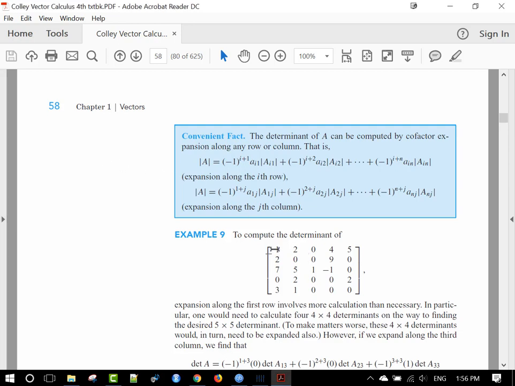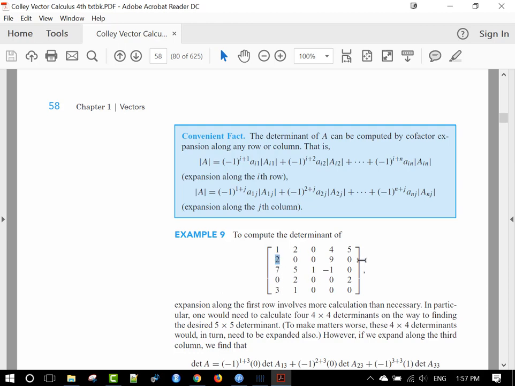So you don't have to use just this row. You could have used this row. So let's say you use this row. That means you'd start with this one, and you'd get a matrix which would consist of 1, and then 7, and then 0, and 3. You'd knock out this whole row. Oh, I'm sorry, I made a mistake. Suppose you did this.